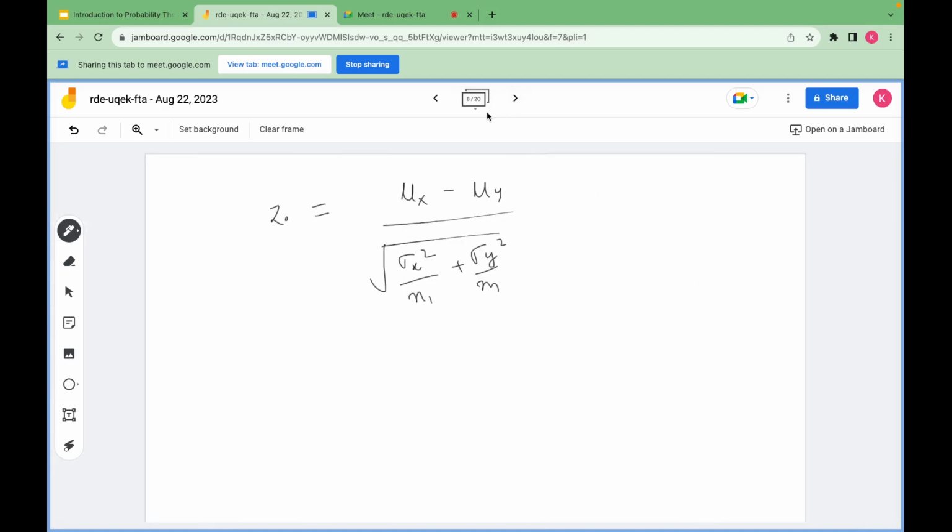So when we know the population variance, our z naught, this test statistic, will be mu x minus mu y divided by the square root of sigma x square by n plus sigma y square by m. This is easy to compute as we know all these values.